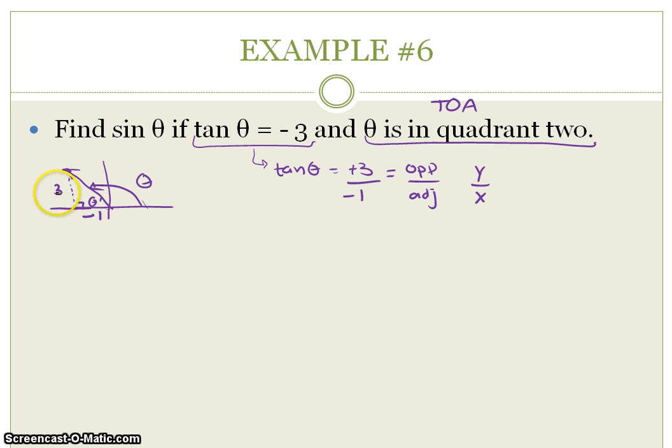So tangent of this is 3 over negative 1. So when we have an obtuse angle theta, we can look at the reference angle to get the triangle to use SOHCAHTOA, or the y and the x coordinates. Okay, so again, we made the 1 negative because we're in quadrant 2, and this is the negative direction. We made the 3 positive because we went up.